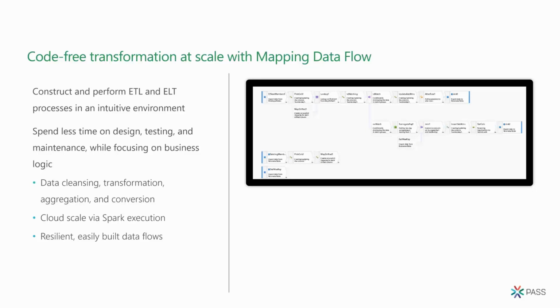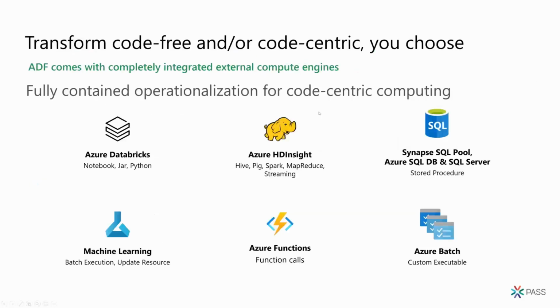As I said earlier, the concept of data flows, specifically mapping data flows, is that we're providing you a visual environment to perform the transform, but on the back end, the actual execution of this is on a Spark cluster. It runs Azure Databricks in the back end, and it allows us to create a very, very scalable and very quick transform of the data for this.